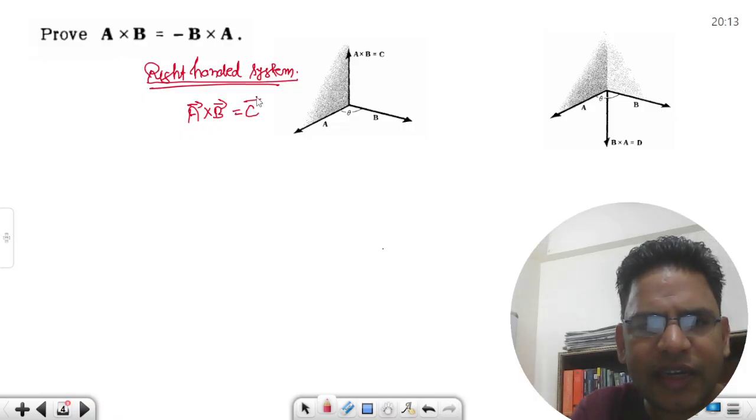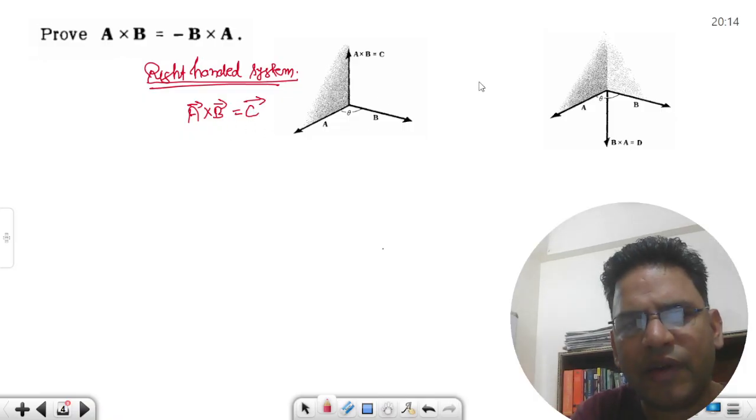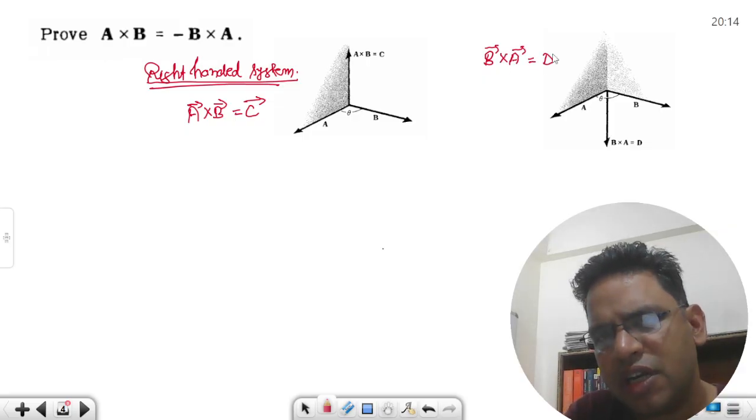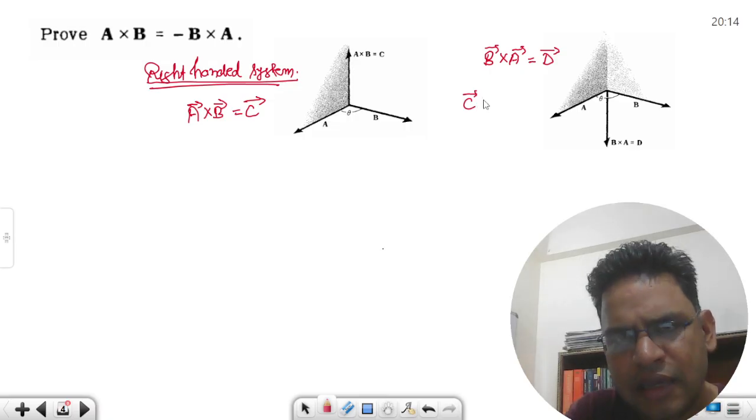So C vector is in the direction of the right hand. But with the same logic, if you put your palm on vector B and rotate it towards vector A, you are going to get some D vector. Interestingly, C vector is the same as minus D vector.